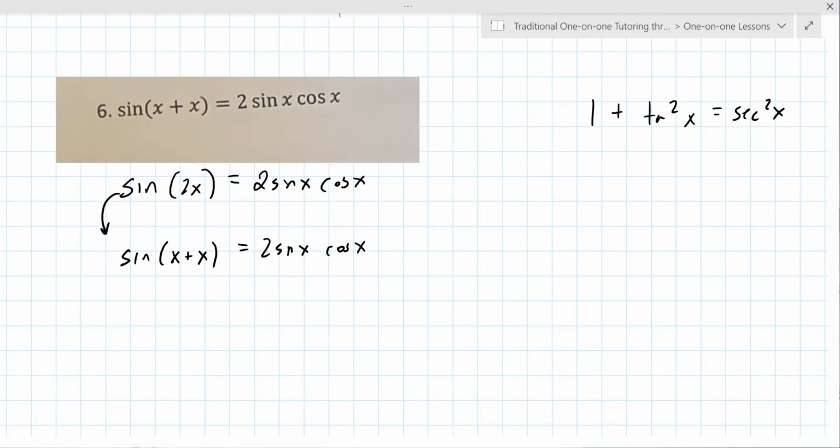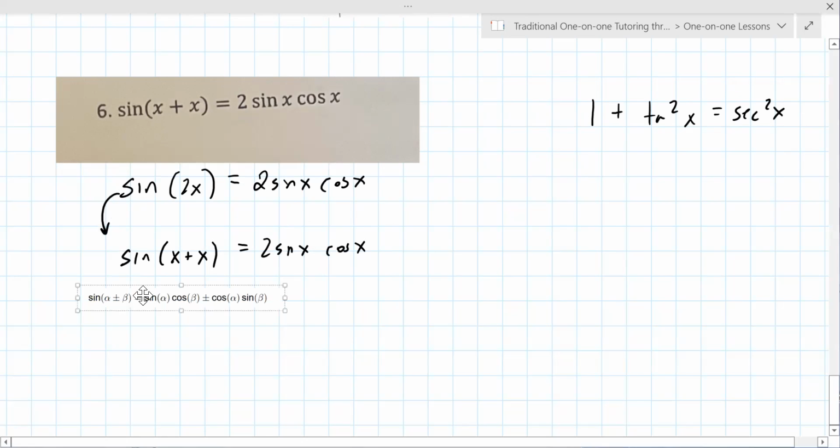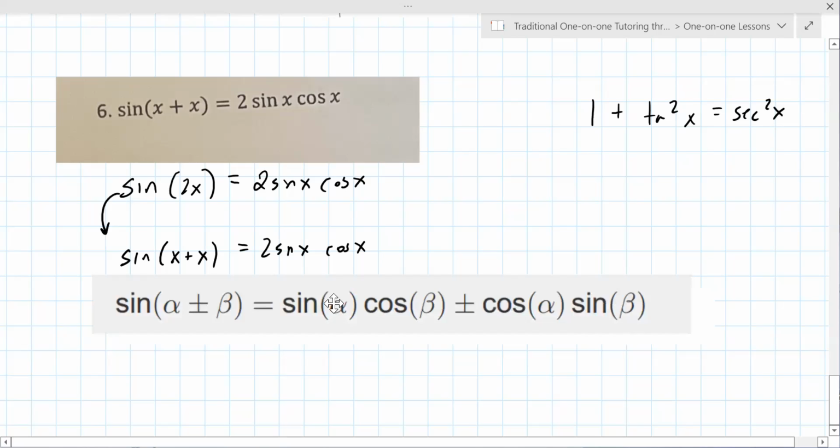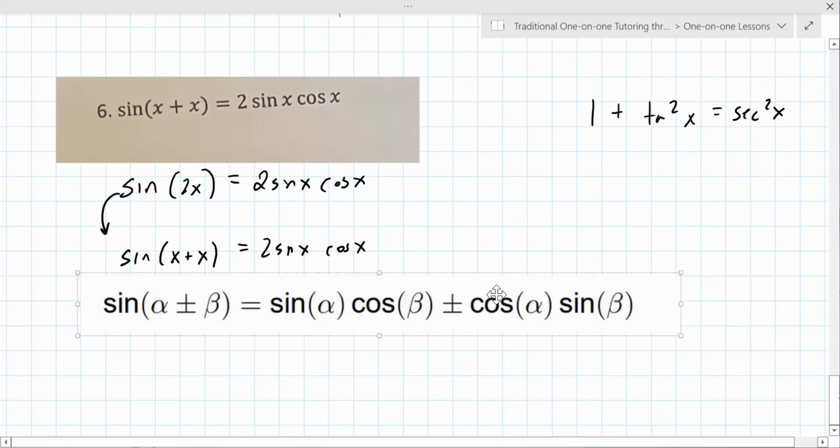So if we grab that formula, this one's more of an algebra exercise, but it's maybe hard the first time you see it. Because it's plus, it's going to be plus on top here.